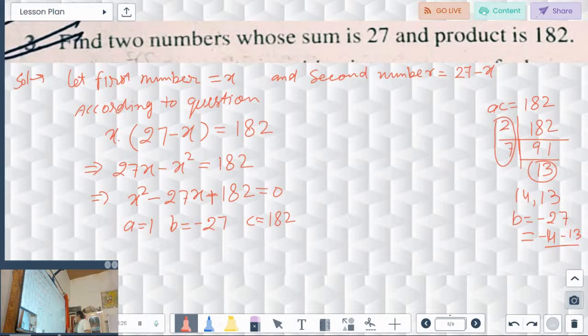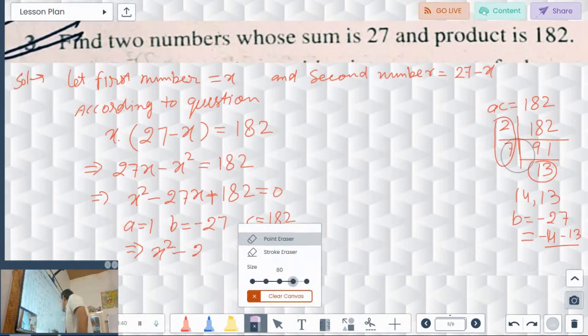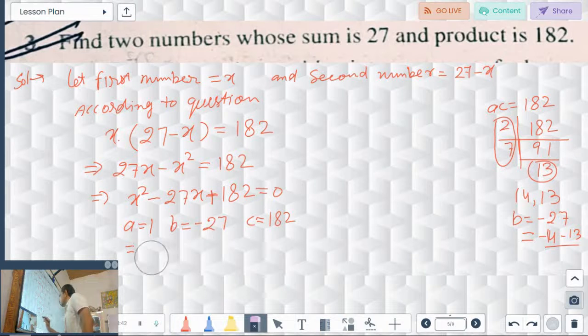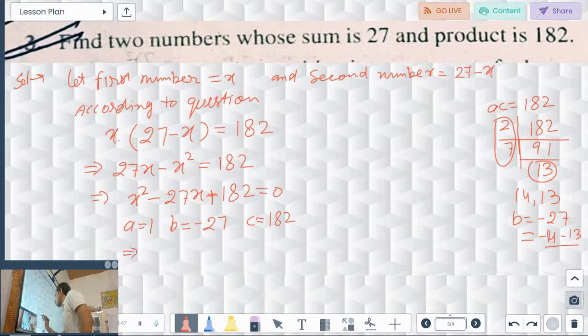These are the factors. Now we can write the above equation: x square minus 14x minus 13x plus 182 equal to 0.